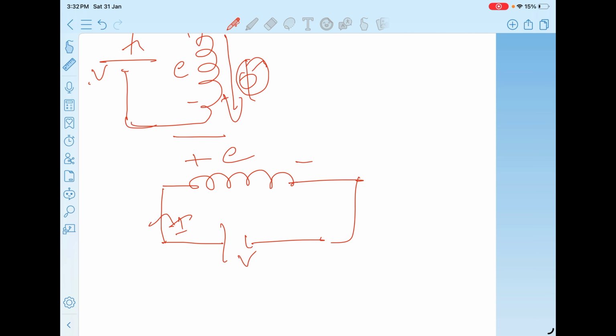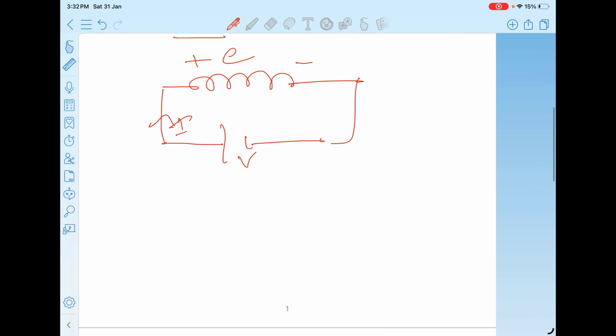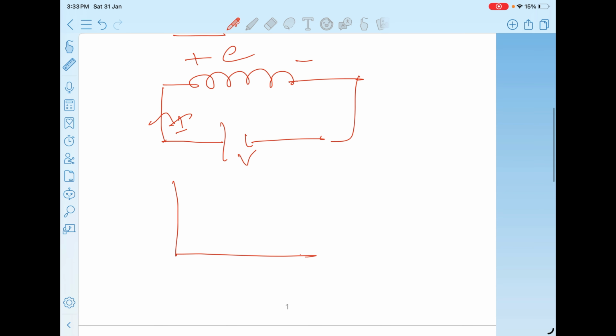Current across the inductor will not change immediately. Meaning if you are applying any kind of voltage to an inductor, its current cannot increase immediately. It will take time to increase. If this is the voltage and this is the current, the current will always take time to build up.